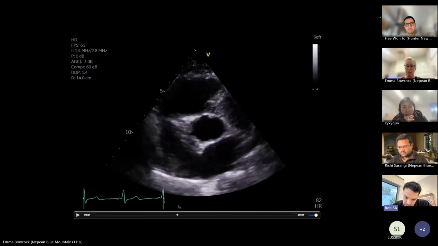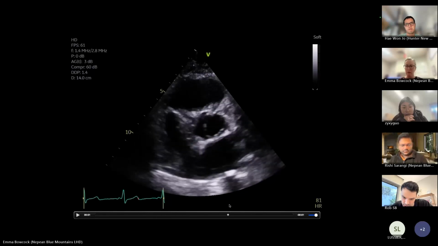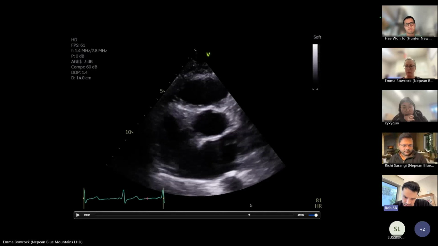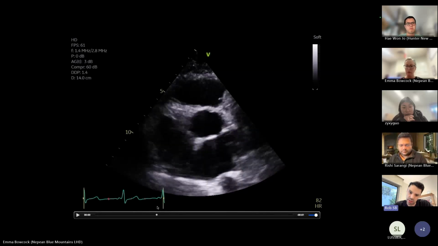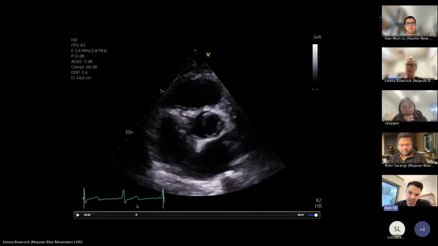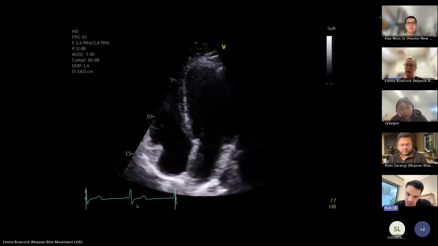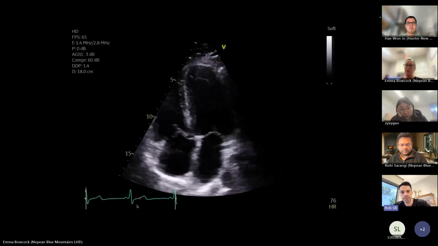So where you would expect to see the non-coronary and the right coronary cusp, there's no annular connection at the 10 o'clock position. So to me, it looks like a true bicuspid aortic valve.